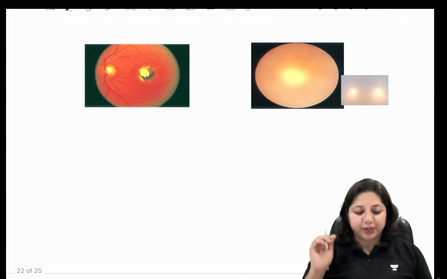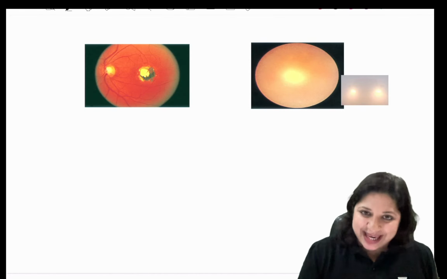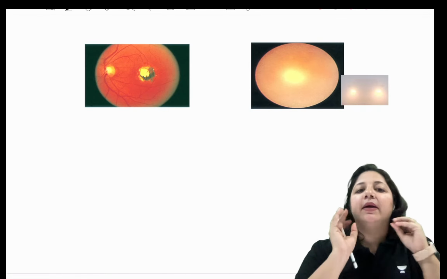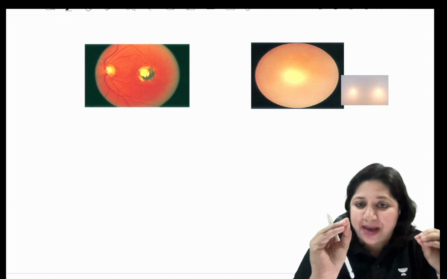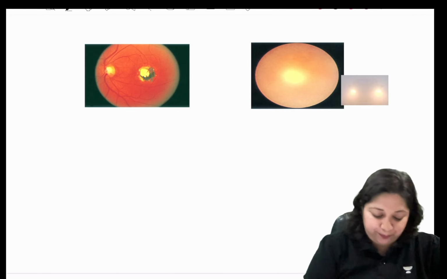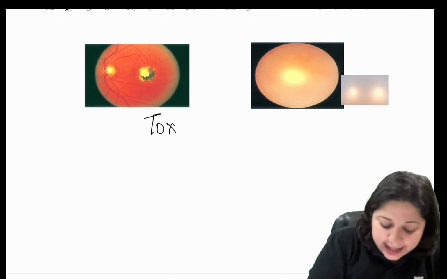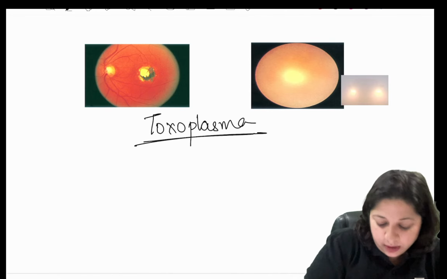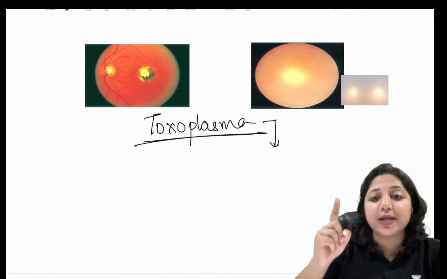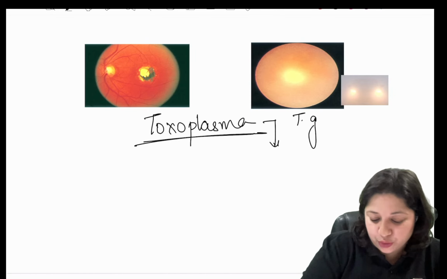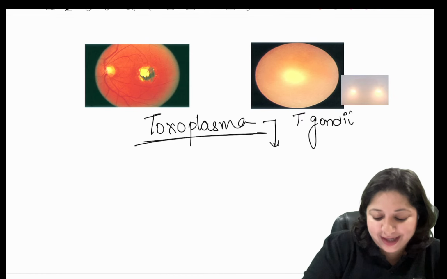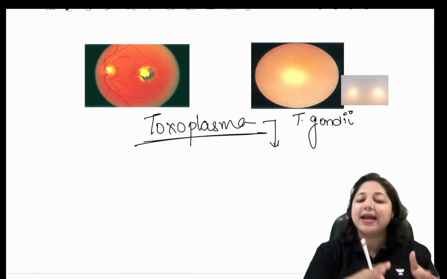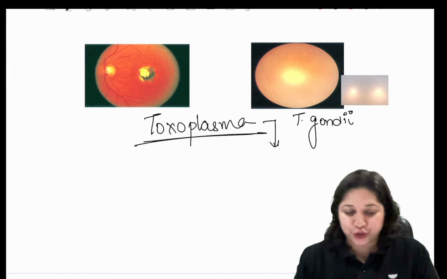All right. So moving on to the next, what do we get to see here? So whenever you get an image like this, lesion at the macula, please remember it is always toxoplasma. Toxoplasma caused by Toxoplasma gondii, and it has a congenital and an acquired presentation.